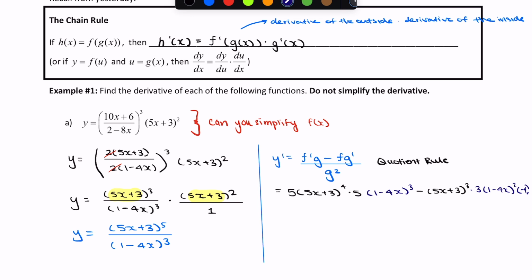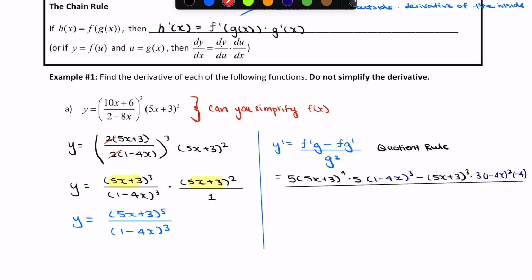Let's just rewrite that a little bit so we have some more space. Okay, and that's all over g squared.